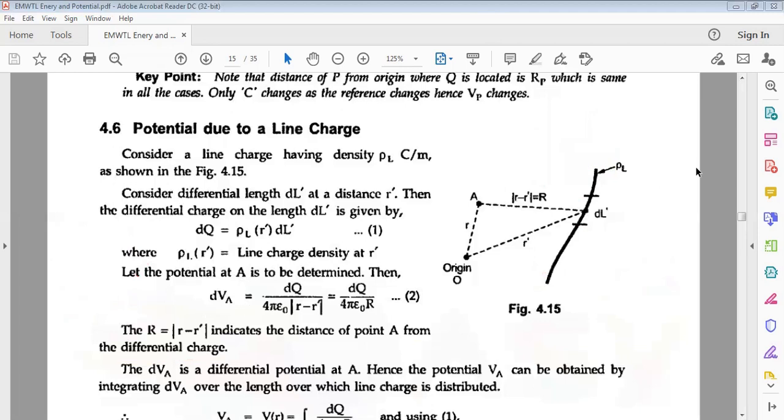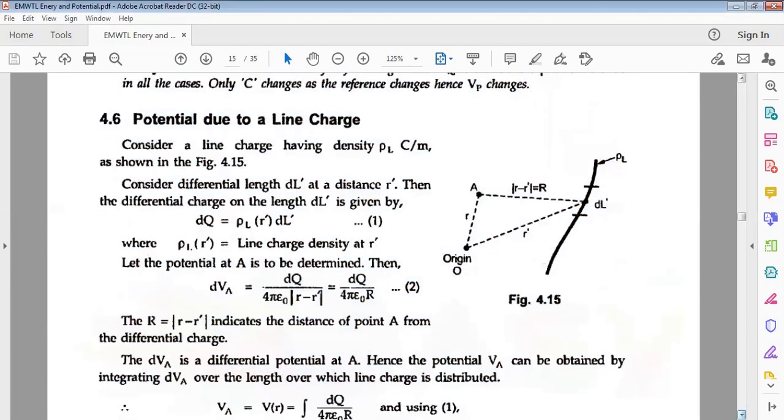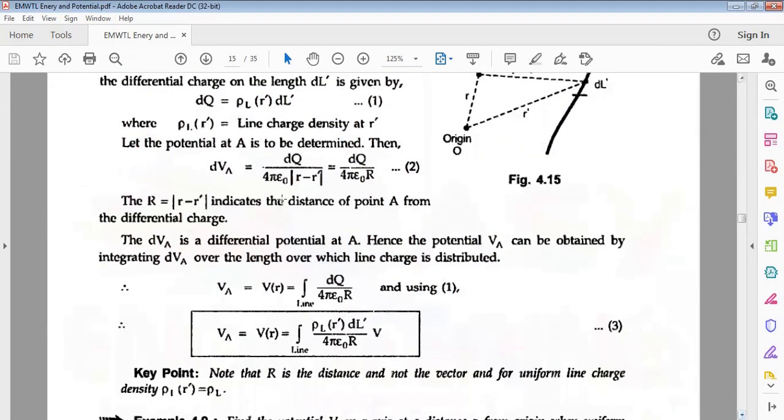So in that equation, the change of the voltage is the change of the charge dQ.